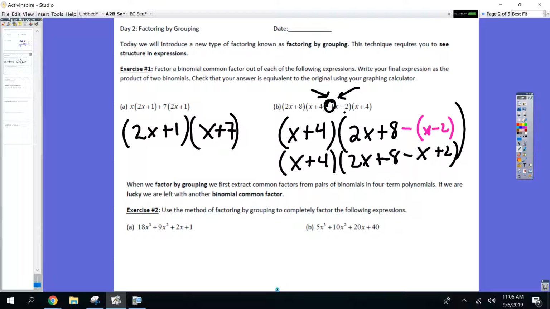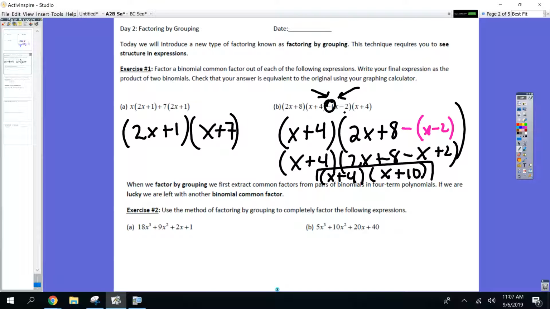All right, so let's combine our like terms. X plus 4. Sorry, I'm running out of room. And then what do you guys have left over in the second one? X plus 10. Yep. That's what that simplifies down to. Okay, watch out for the minuses. Tricky, tricky, tricky.